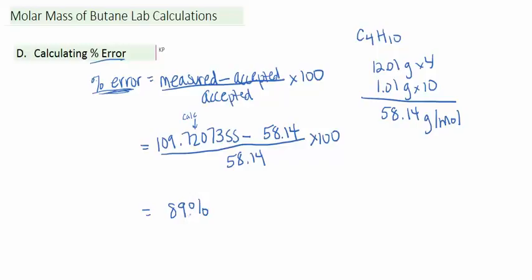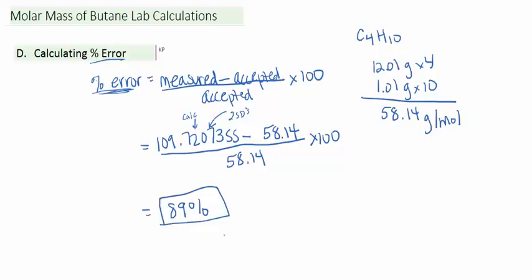And that's okay. Now, why did I round that to 2 significant digits? Well, remember, this number right here had been rounded to 2 significant digits. And so my least precise measurement, which was the change of mass, had just 2 significant digits. So that's why I picked 2 significant digits for my percent error.